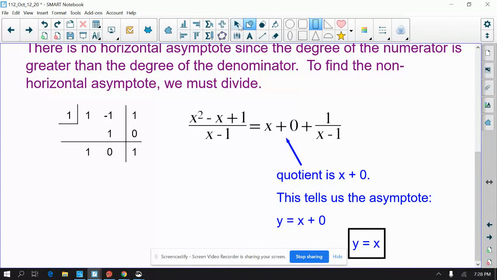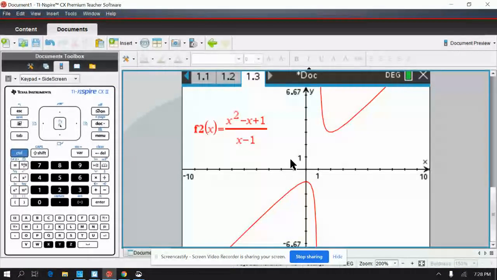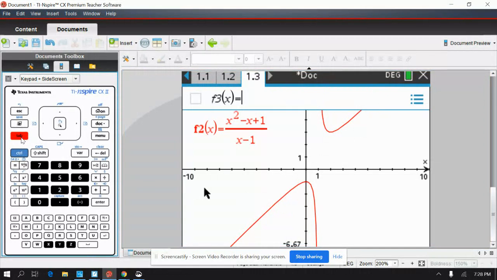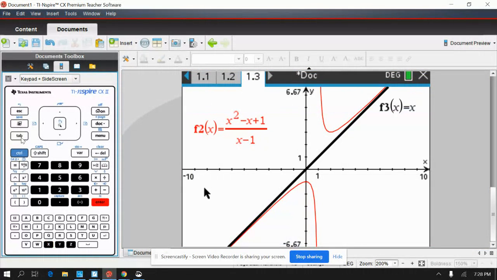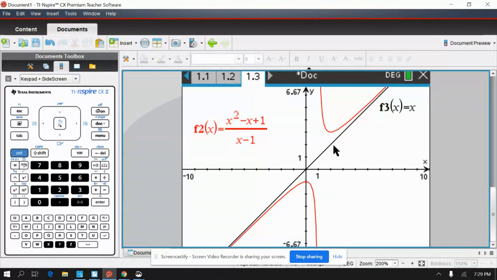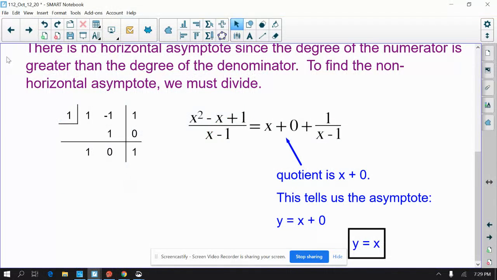You have to divide, and whatever the quotient is will be the asymptote. Let's go back to that graph. So I'm going to graph y equals x on here. And look at that. It just approaches that line y equals x on both sides. One more example to go.